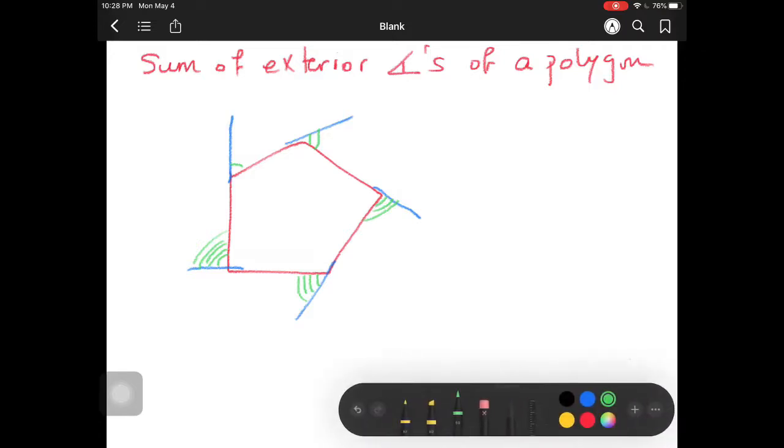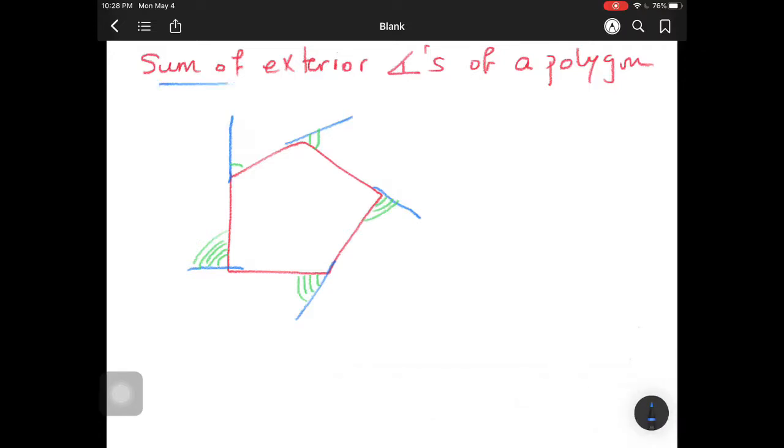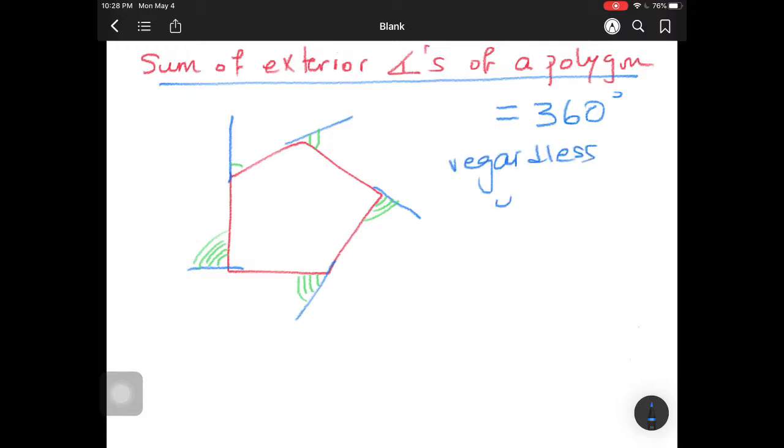Now, the sum of exterior angles in a polygon always equals 360 degrees, regardless of n. So it does not matter how many sides the polygon has.